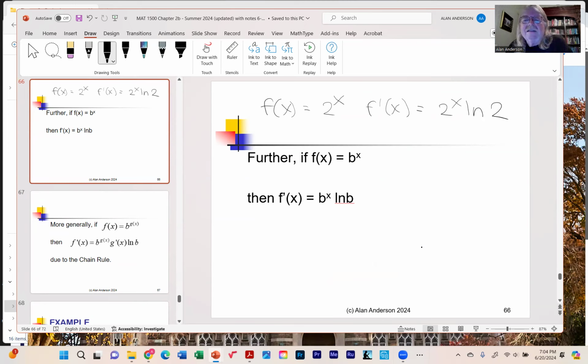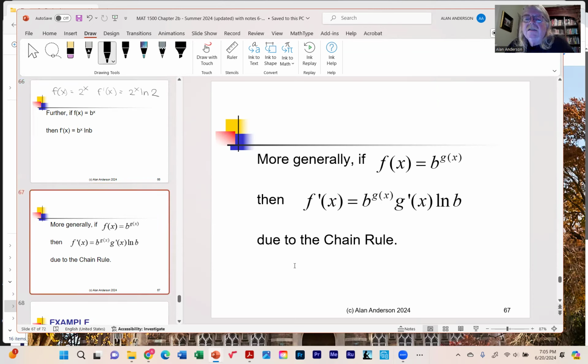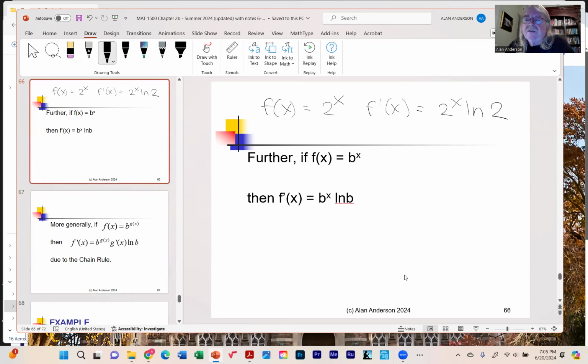So you can see that's a pretty straightforward rule. And if we extend this to b to the g of x power, rather than just plain x, what ends up happening there? Well, it does get a little messier.